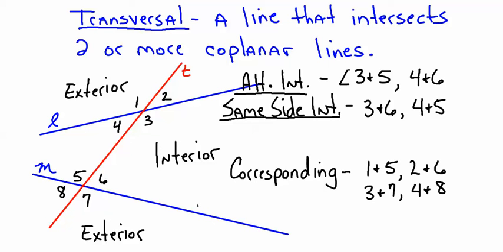And then finally, alternate exterior. Alternate exterior angles. Those are like alternate interior angles, but they're on the outside. Garcia, give me a pair. A pair of alternate exterior angles. 2 and... good. 2 and 8.